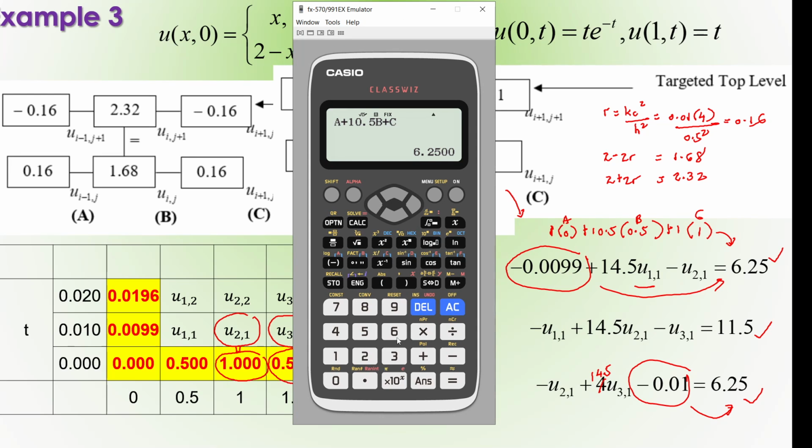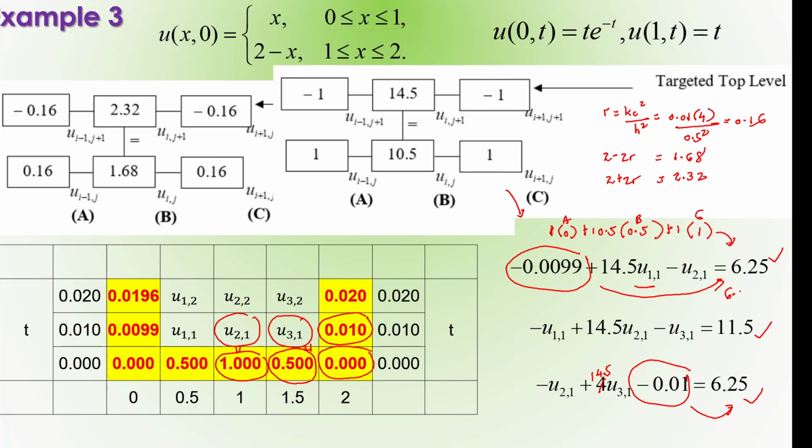So you have 6.25 plus 0.0099, which is 6.2599. These two are collected together, so you have 6.2599.